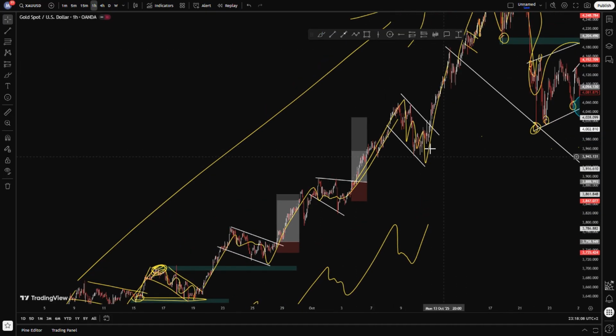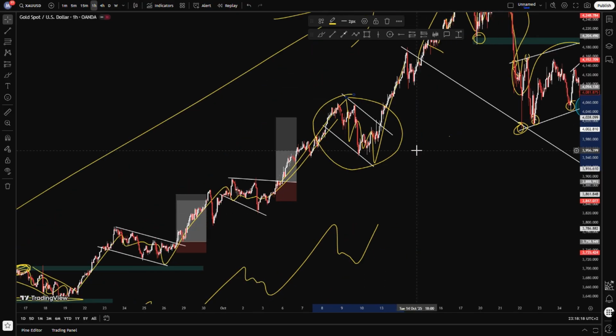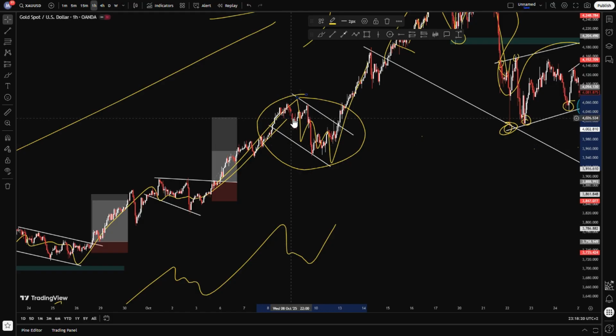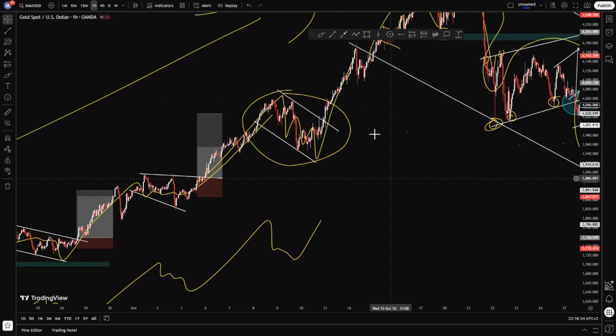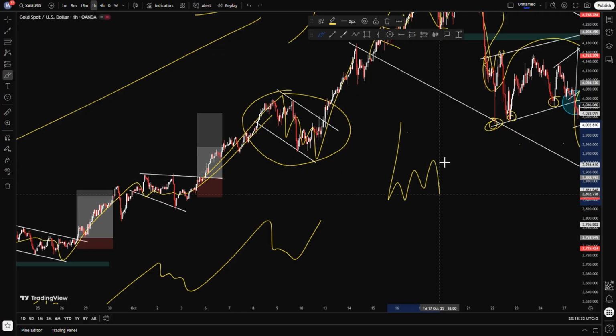If you look for these patterns, remember we are in a bullish trend, okay? So when we are in a bullish trend, this is more like a bullish pattern. Now the main difference is that, let's say price is in a downtrend, you're going to have something like this.